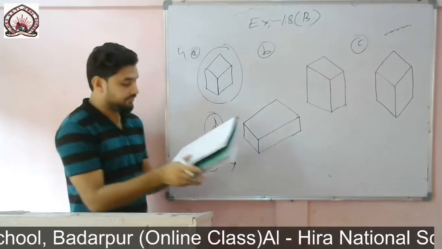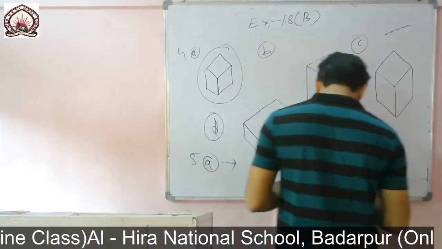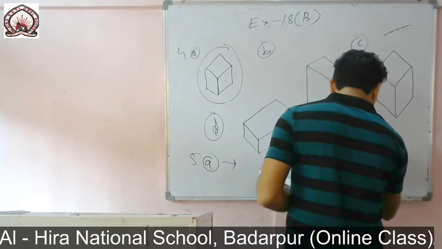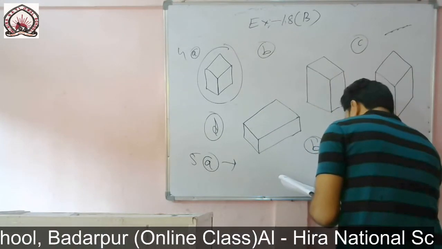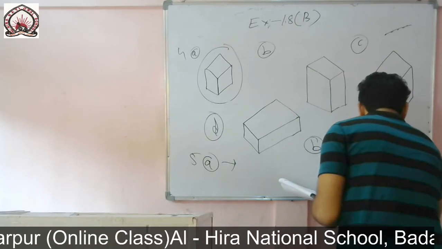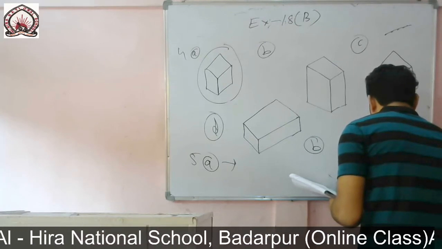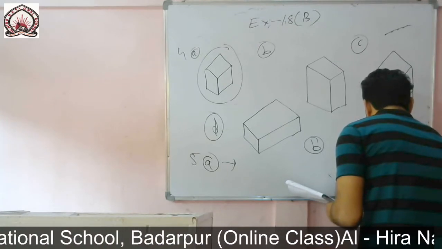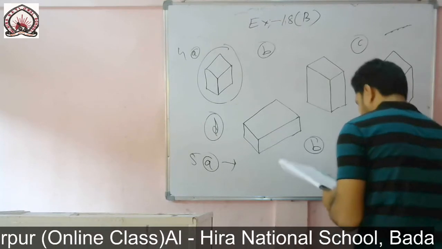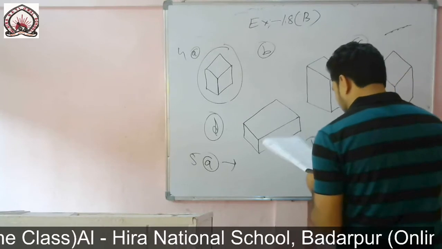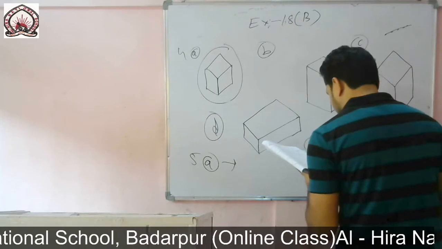And you see, for B it will be like this. Only a small side is given. Now you have to draw this one. So how to draw? You see, you draw with the dot points, then it will become straight. With your ruler, then you will get the exact shape.